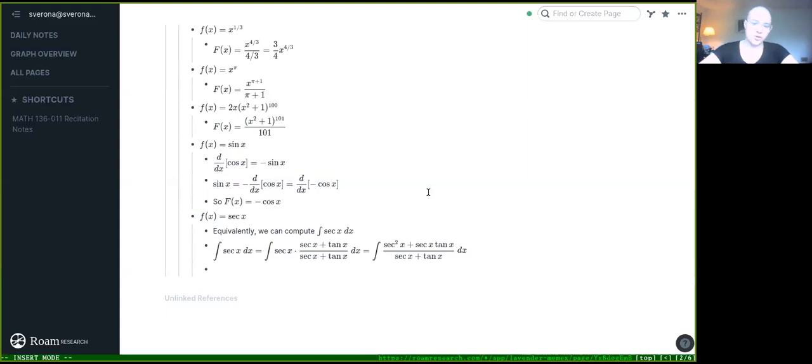So long story short, I'm going to take this substitution, u equals secant x plus tangent x. And what's that going to give me? Well, that's going to give me everything else that's in the integral, so secant squared x plus secant x tangent x dx.